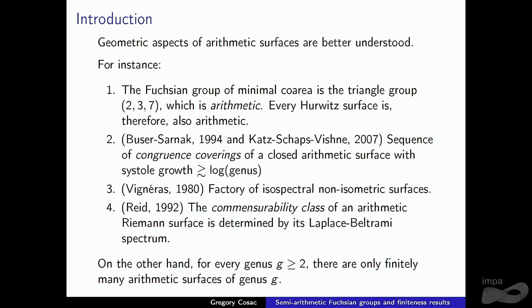But on the other hand, for a fixed genus at least two, there's a whole moduli space, a whole Teichmüller space of marked hyperbolic structures, and only finitely many of these hyperbolic structures are arithmetic surfaces.